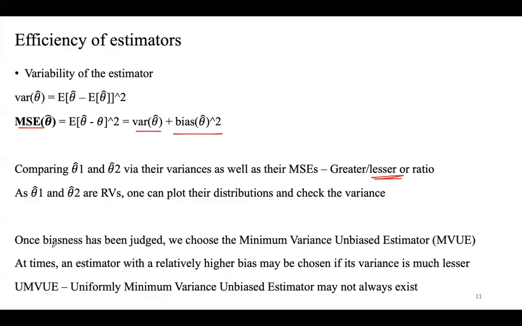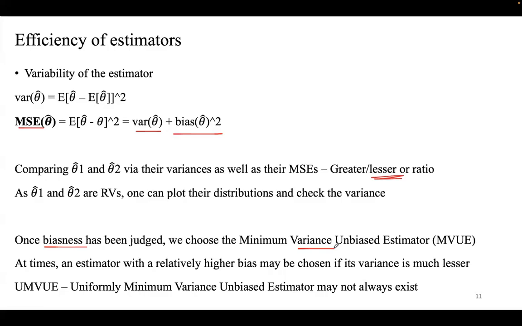The way one proceeds is that the first step is to check the bias and then check the variance. Let's say you had five thetas to begin with, theta 1, 2, 3, 4, 5.